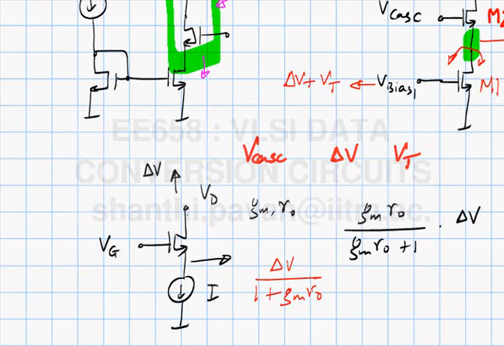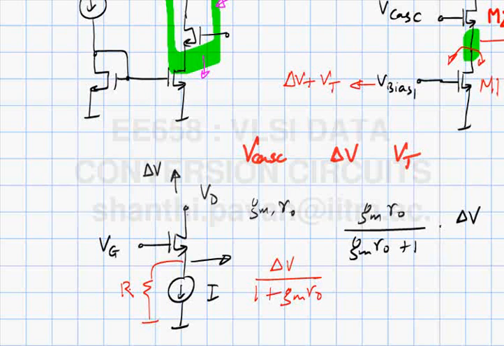So if I yank this voltage up by delta V, this moves only by a small amount. Now if this current source had a finite output resistance, let me call this R, and I yank this up by delta V, this changes only by delta V divided by 1 plus gmro.